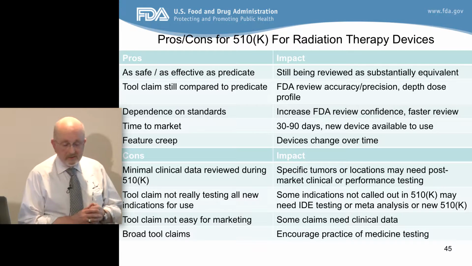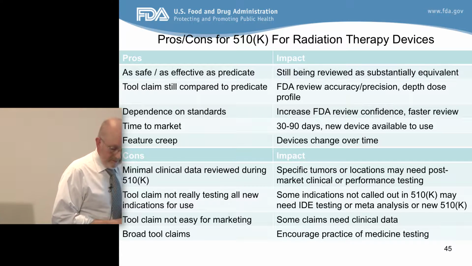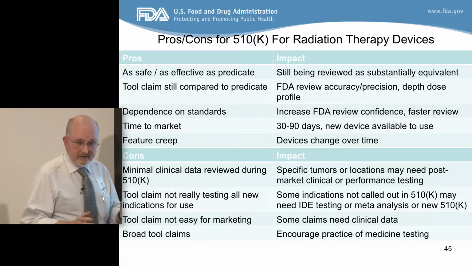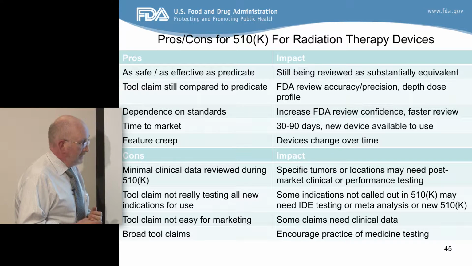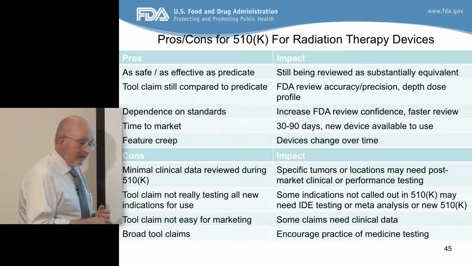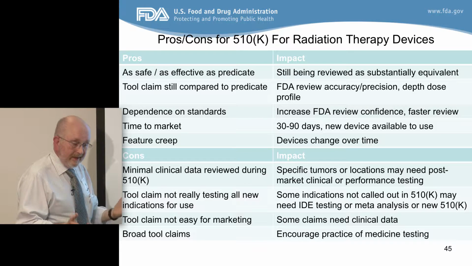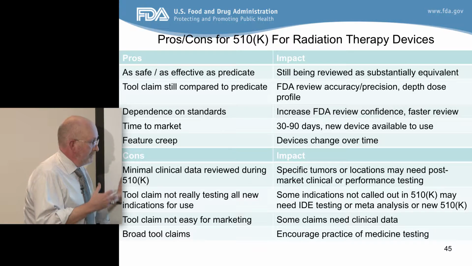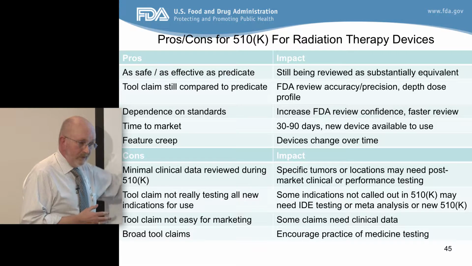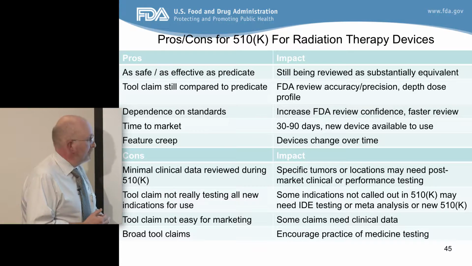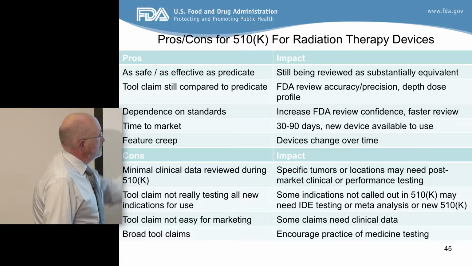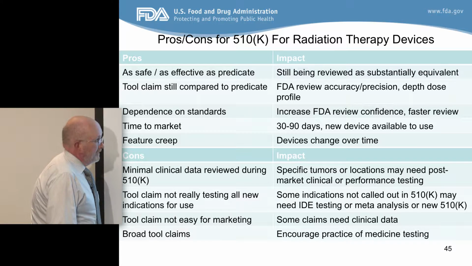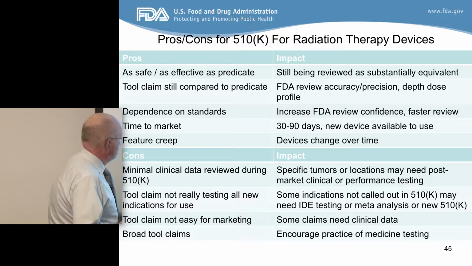And so this is my little table, and I'm looking for criticism here too. I was trying to defend us with ASCO when I wrote this table up. And so this is the pros and cons for the 510K for radiation therapy devices.